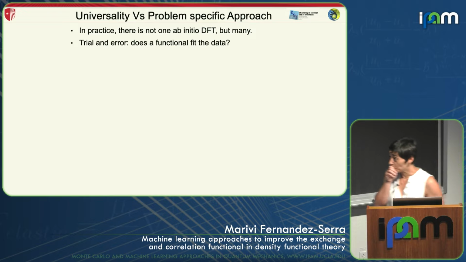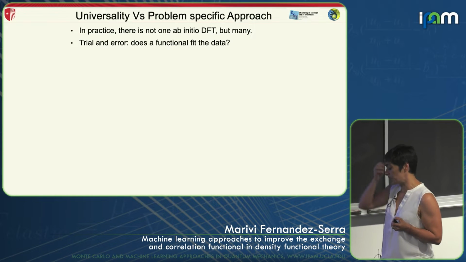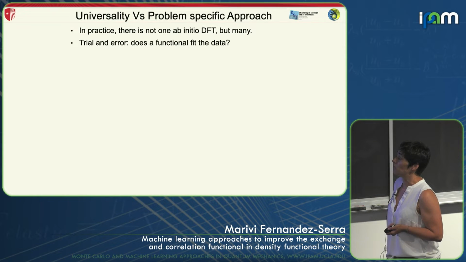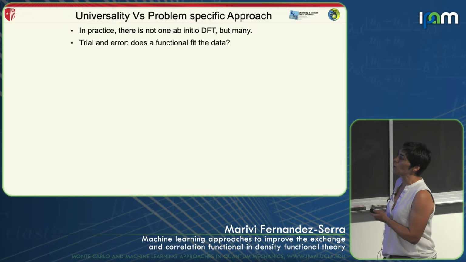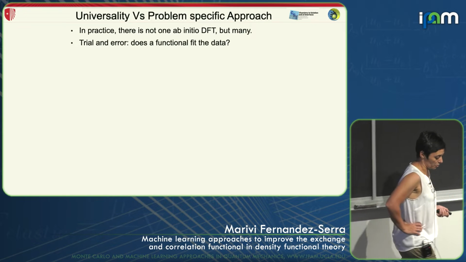Now, Kieran this morning, and actually many others, mentioned that, of course, in practice, even though what we want is a universal DFT approximation, in reality, there is not one single DFT approximation, but there are many.